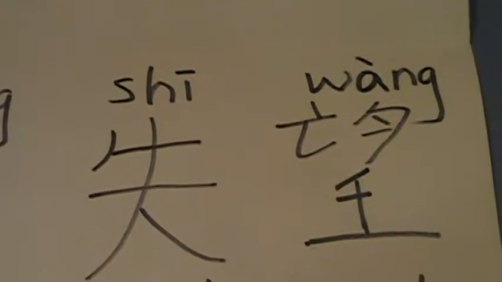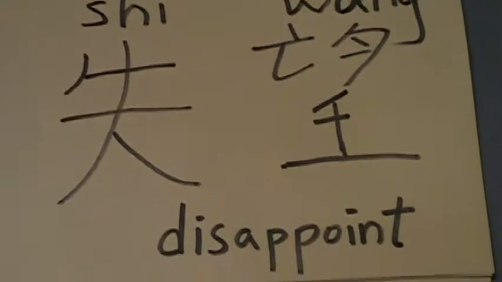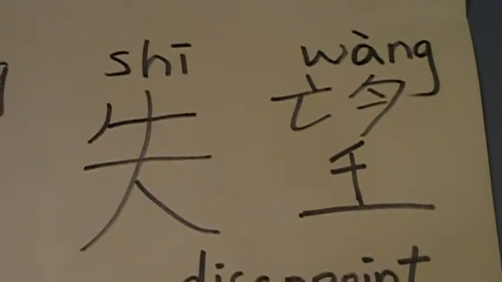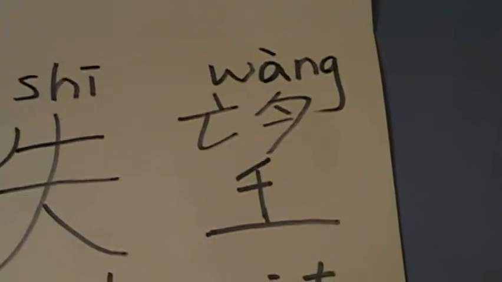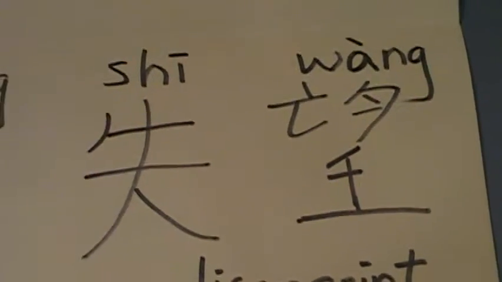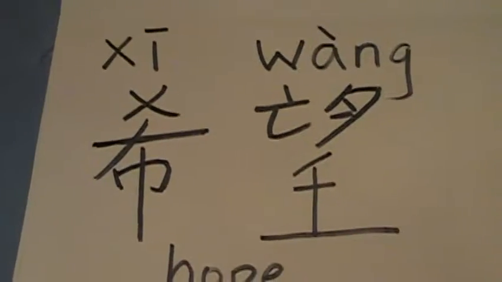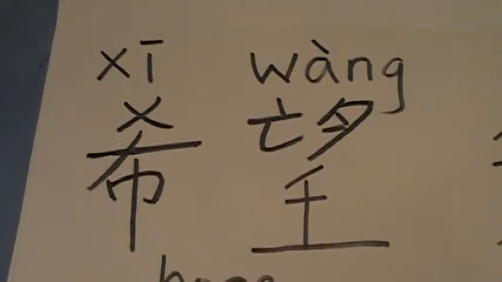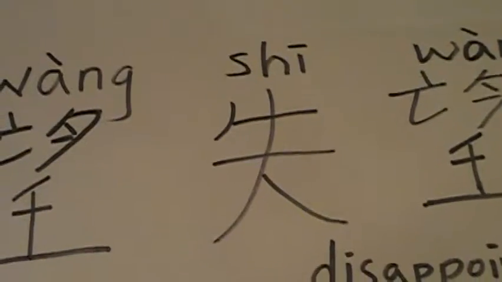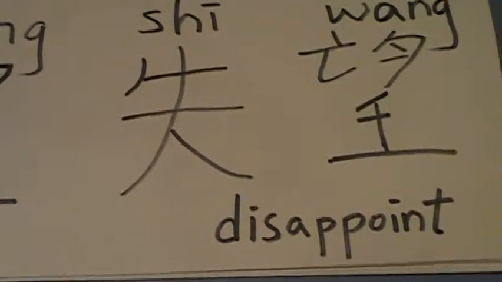Notice that a change of only one word creates a different meaning, to disappoint. 失 first tone and 望 fourth tone means disappoint. The second word, 望, is the same for 失望 and 希望. A change of one word from 希 to 失 makes two different meanings, one of hope and another of disappointment.